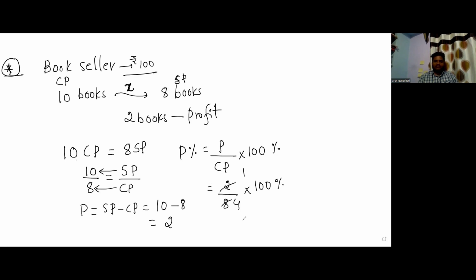2 ones are 2, 4 twos are 8. What is 1 by 4? 1 by 4 is 25 percent. So I made a profit of 25 percent. Getting this? Copy this. We'll do one more, which is very similar to this. It did not reciprocate.